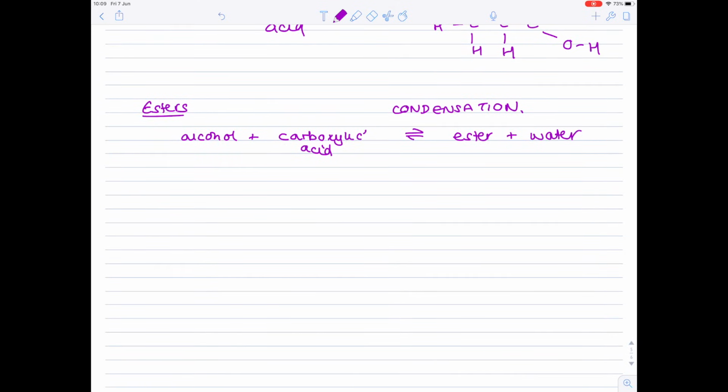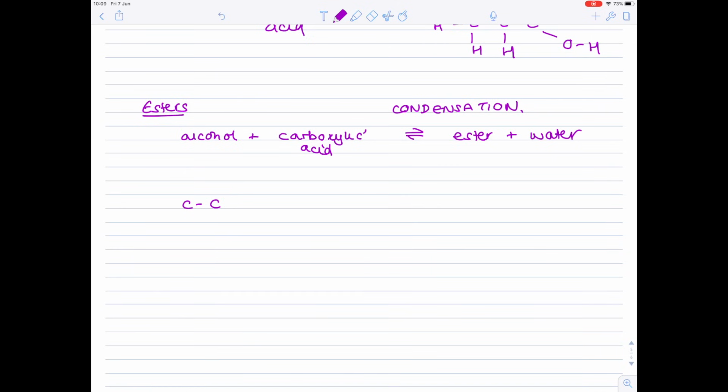So let's take an example such as ethanol. And we're going to react it with methanoic acid. So notice that we need to lose a water molecule. So we lose the OH from the carboxylic acid and the H from the alcohol.